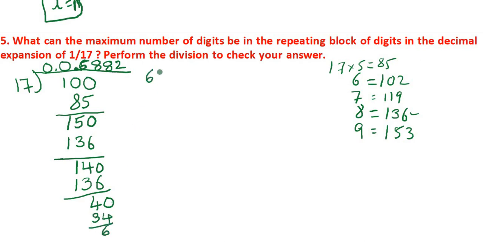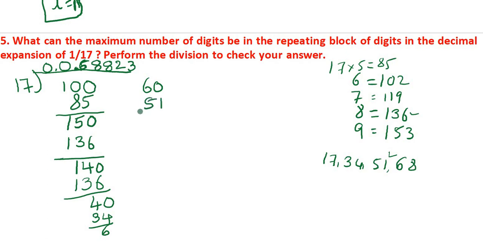So again take 0 down here. Okay, 60. Which is the nearest number, 51? 17 3s are 51, 17 4s are 68, right? So we have to go with 51, meaning 3 times is 51. Again it becomes 9. Again 0.